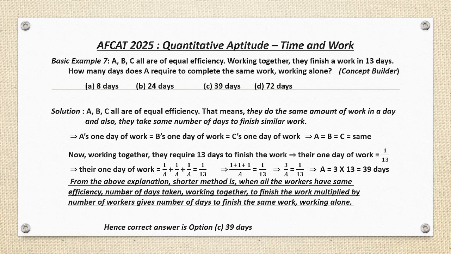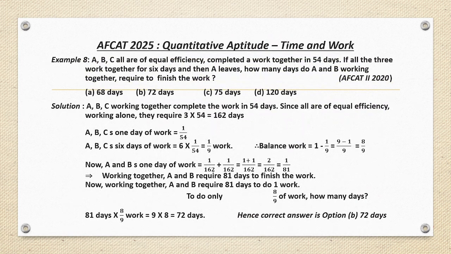So for B and C also, let us substitute A. So 1 by A plus 1 by A plus 1 by A, it will be 3 by A. 3 by A equal to 1 by 13. That implies on cross multiplication, A equal to 3 into 13, 39 days. Okay. So this is a shortcut method which we are deriving, right? Simply multiply the number of days they took while working together into the number of workers. 13 into 3 equal to 39.